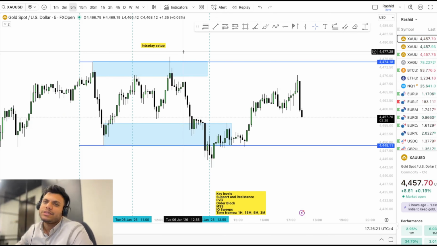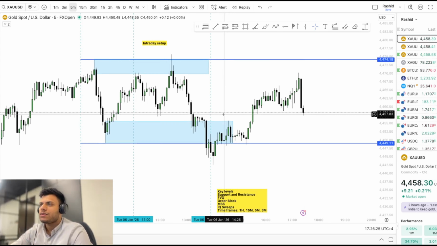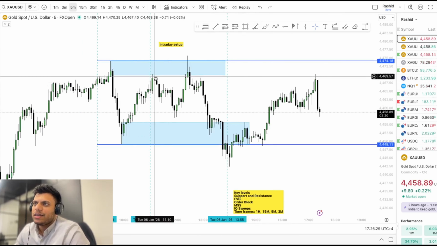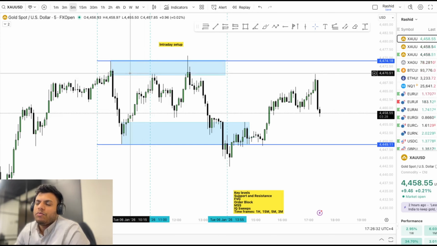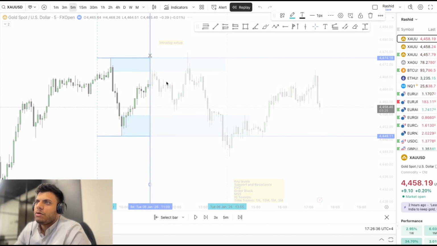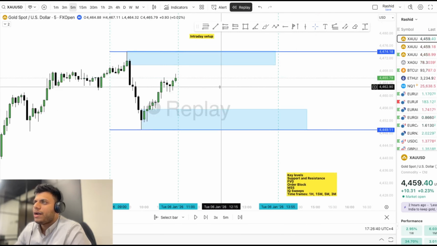Understanding the concept is very important. Once you understand the concept, only then will you be able to trade on this. So here, where the liquidity is, basically where the market will be reaching, you will be finding it here.